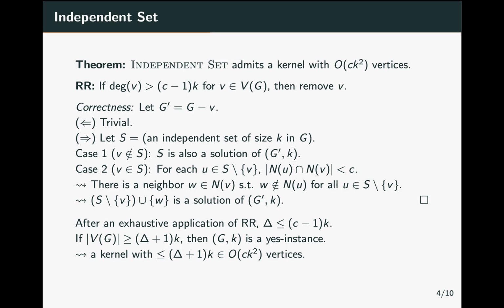So if the graph, after we apply the reduction rule exhaustively, has a lot of vertices, meaning (Delta+1) times k vertices, then we can easily find an independent set of size k. Thus we obtain a kernel of C k squared vertices.